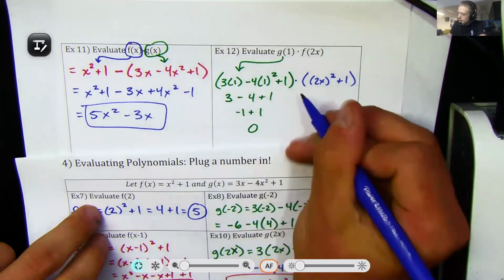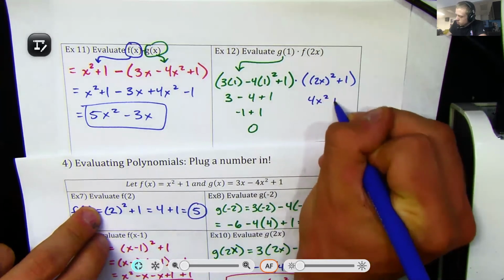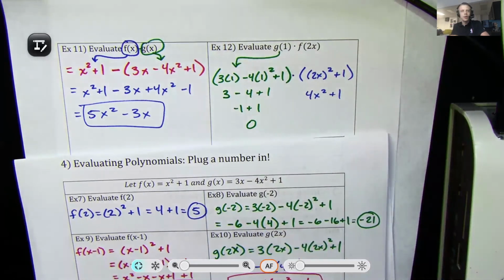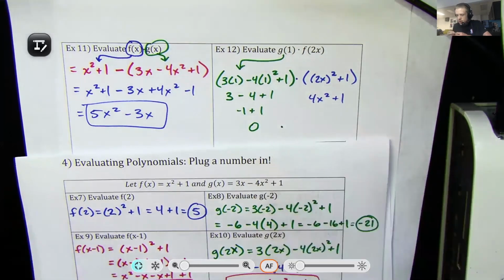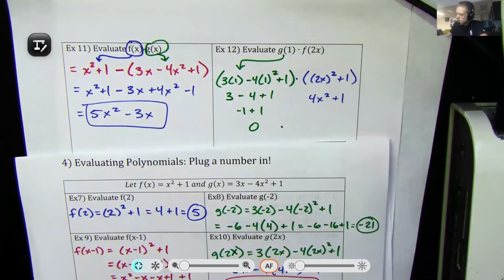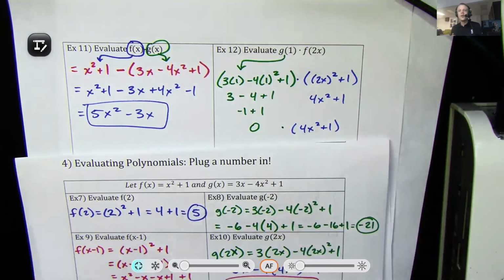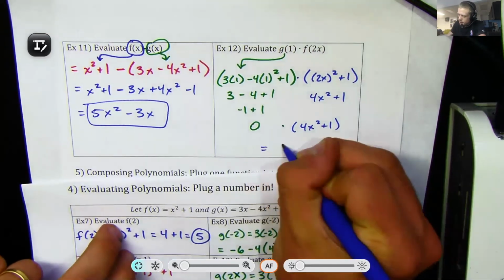Now, over on this side of things, I'm going to have 4x squared plus 1. So down below, I'm sorry this is a little bit confusing, but I'm going to have 0 times 4x squared plus 1. Now, this is kind of funny because 0 times anything is 0, so my answer is 0.